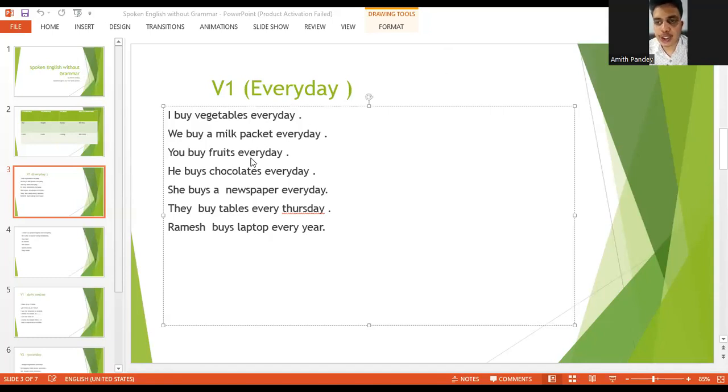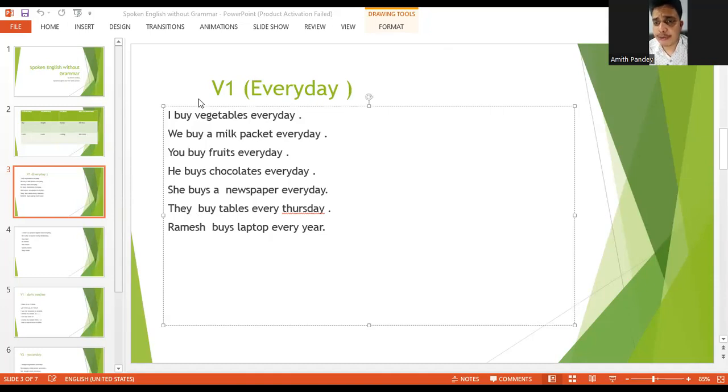So he buys chocolates. Not only he buys, you can say he comes, or he attends, or she buys, she attends, she comes to school or to office, whatever the things. Like Ramesh. So Ramesh plays cricket. So in case of everyday concept, you just have to use V1 plus S or ES.